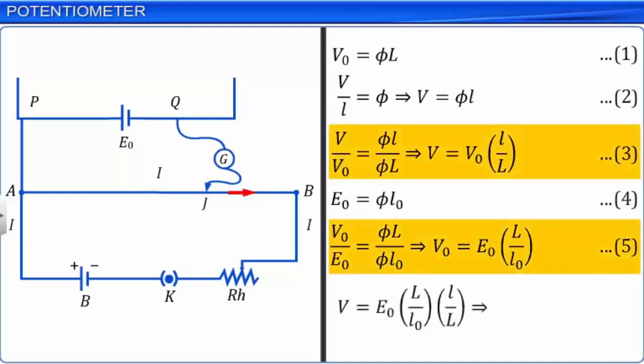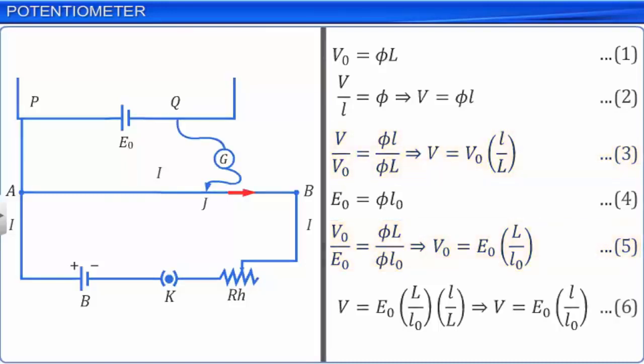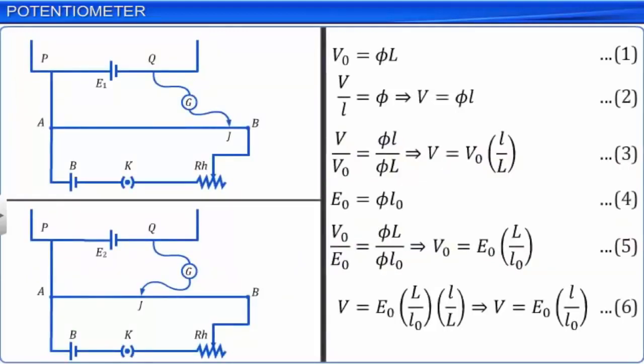To compare the EMF of two cells with EMF as E1 and E2, they are connected in a secondary circuit separately, one after the other, and the corresponding balancing length of the potentiometer wire for each cell is found. Let L1 be the balancing length for the cell of EMF E1, and L2 be the balancing length for the cell of EMF E2.